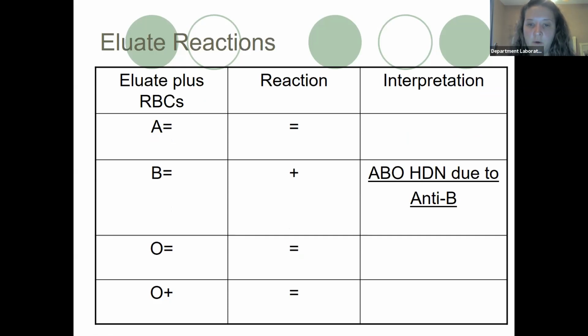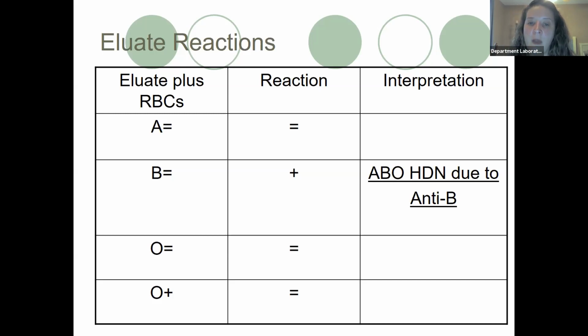And so here's what your anti-B would look like. And I know this is confusing because we talked about anti-A and anti-B being IgM, unable to cross the placenta. There are very small amounts of IgG anti-A and anti-B, okay?